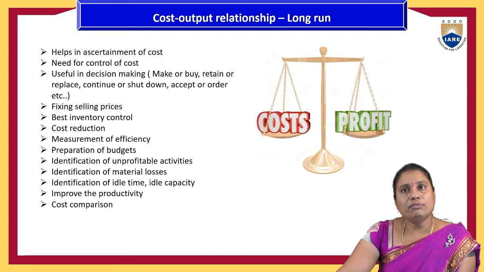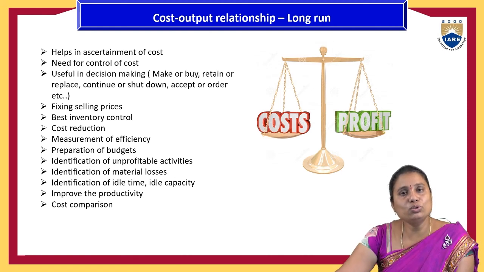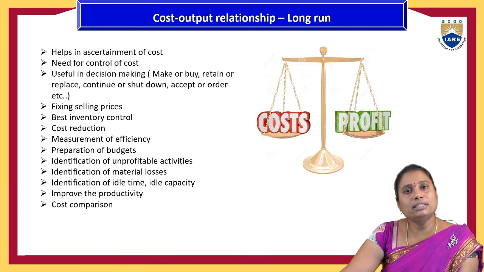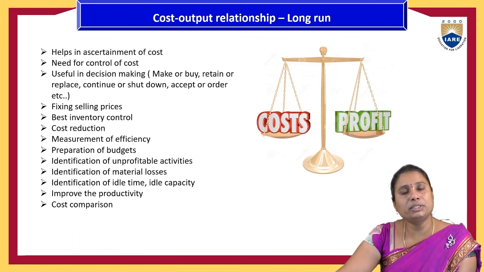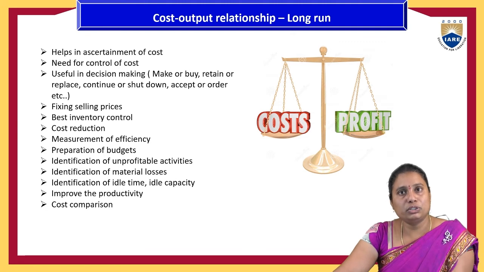The significance of the cost output relationship is very important. Because of this relationship, it gives the analysis for ascertaining the expenditure incurred on production, and they can better control where they are spending more.